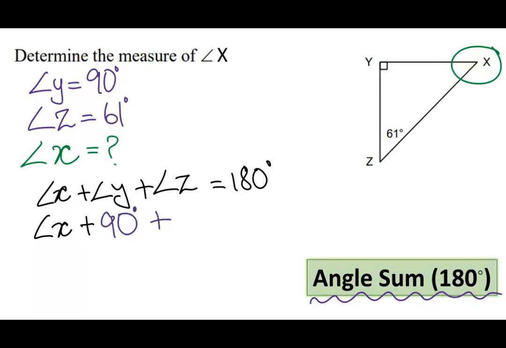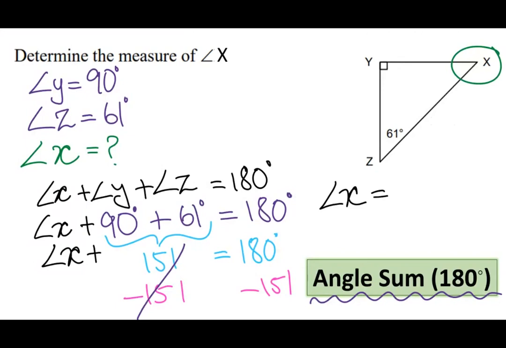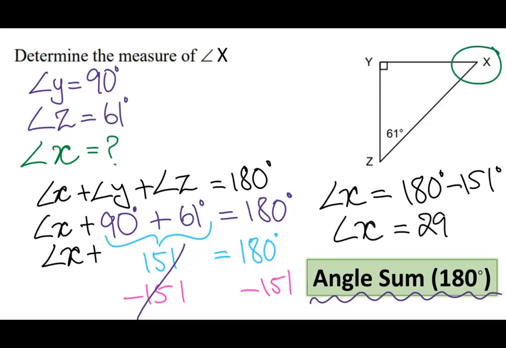We know angle z is 61 degrees, equals 180 degrees. Let's combine like terms. We know 90 plus 61 is 151. Now we're going to subtract 151 from both sides. This and this cancel each other out. We are left with angle x equals 180 degrees minus 151 degrees. The answer is 29 degrees. So angle x is 29 degrees.